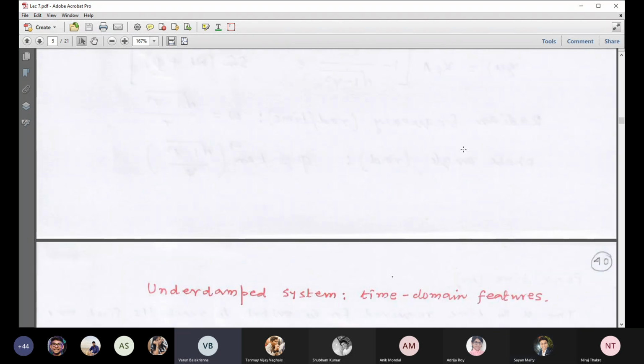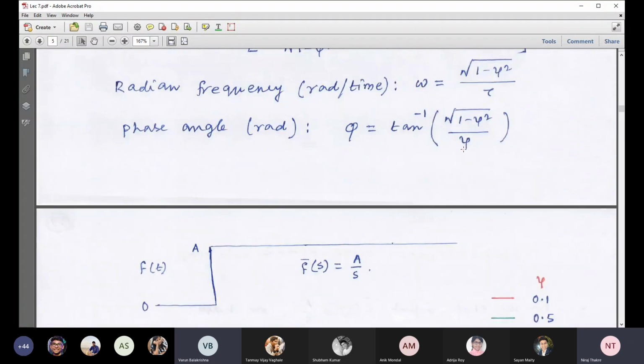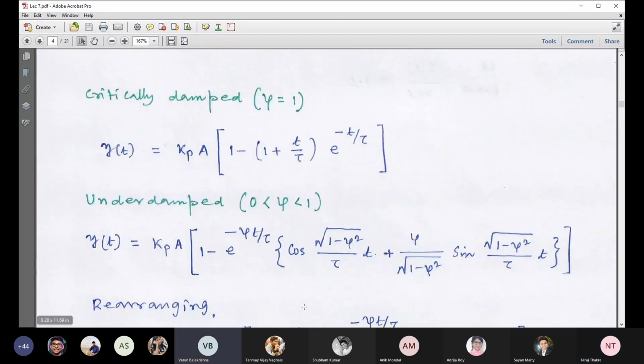So we can find the maximum. Then we can get the exact value of TP. Yeah. For which expression were you saying? For the expression for y by Kp. This one? Yes, sir. Yes, this is underdamped. What's your roll number? 30036.